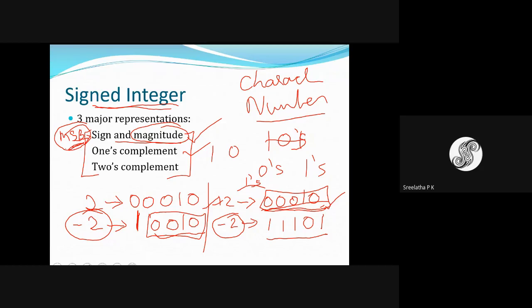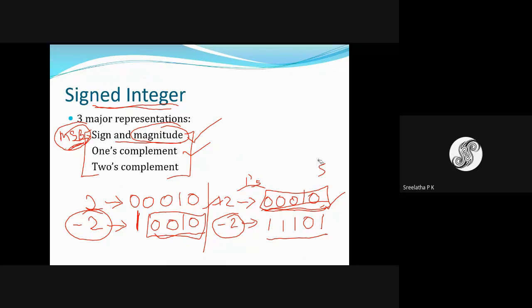Now suppose I want to store 5 in the one's complement system. What is the binary digit for 5? Observe this: I'm using 5 bits to represent all the numbers.